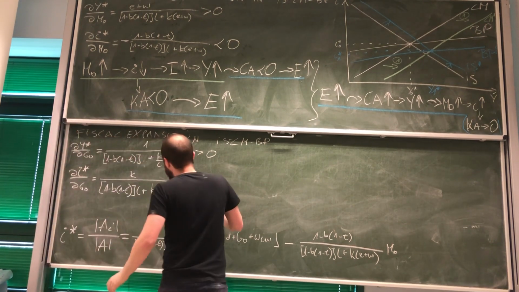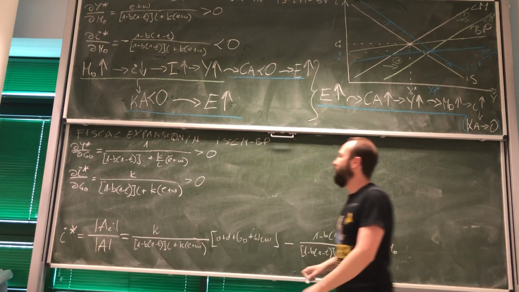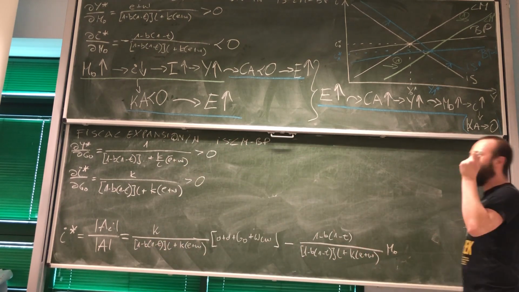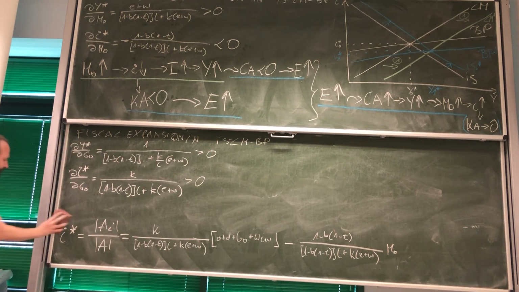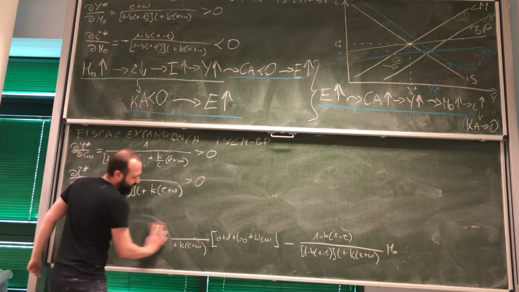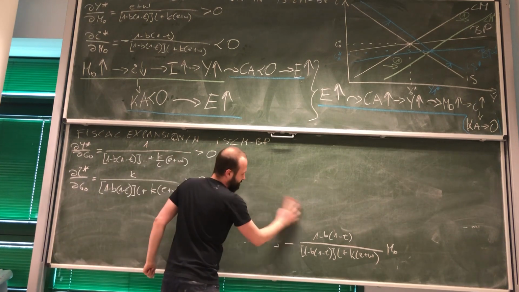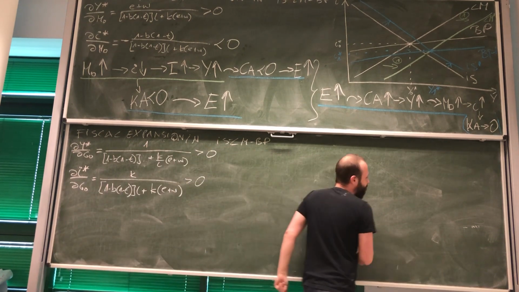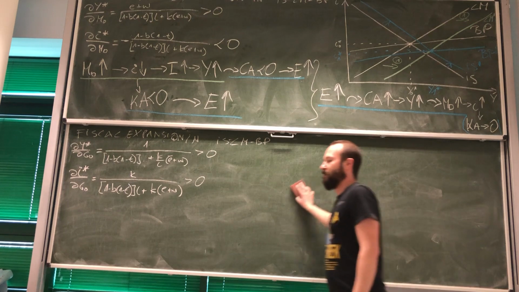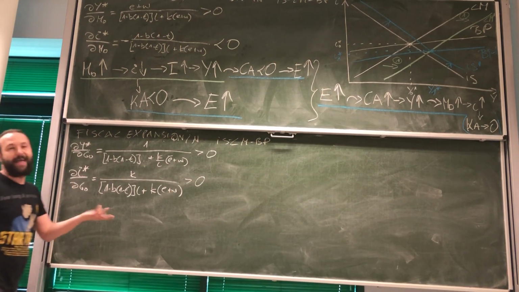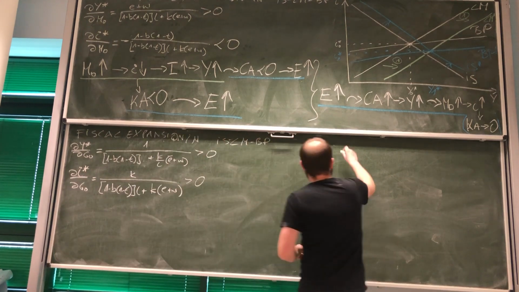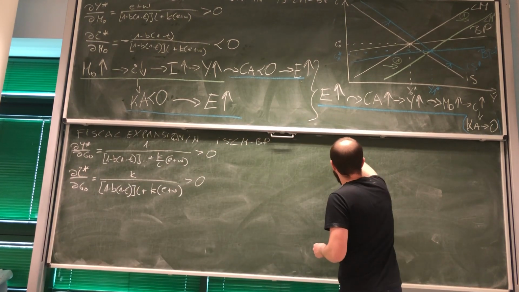Everything here is positive, so we've got a positive outcome. So again, the final outcomes are similar to the ones we had in IS-LM 1. So fiscal policy increases both output and interest rate. Right? Okay, let's see this on the graph.